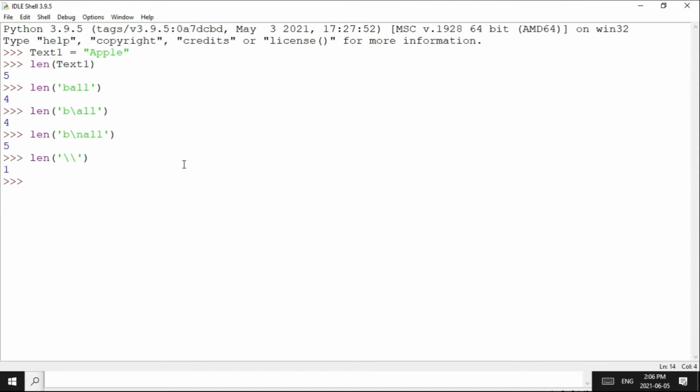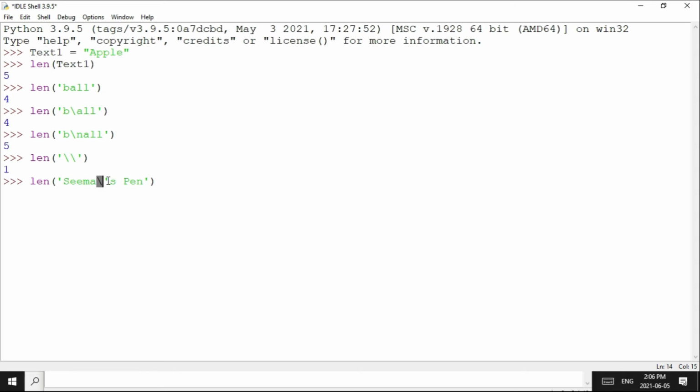Now let's say something more. Copy and then paste. What I'm going to write here is Seema's pen. S E E M A, then a backslash followed by a quote, then s pen. To print this single quote, we have to use the backslash.